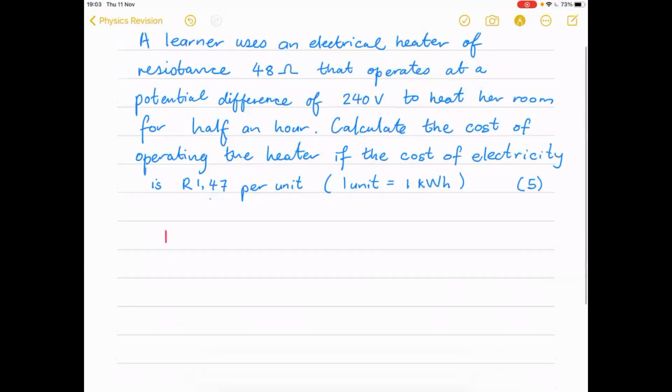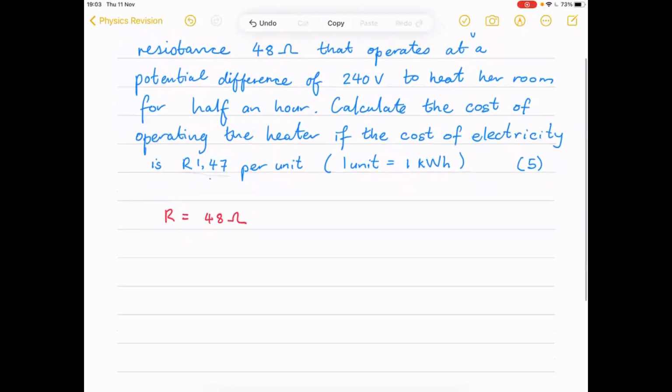We have that the resistance is equal to 48 ohm. V is equal to 240 volts. And the time is equal to half an hour.